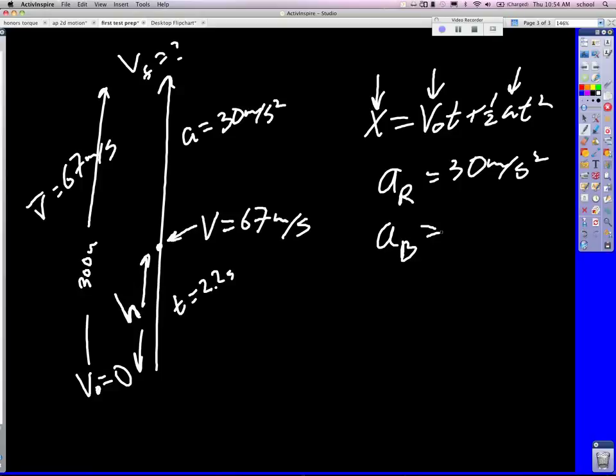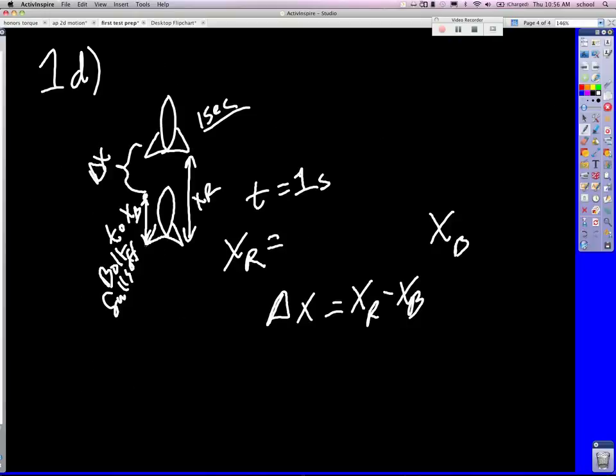Because we're concerned with from the moment the bolt falls off until a second later. So this initial is that, and this is time of 1 second, and we want to know x. Can we come up with that using those numbers? Yeah, absolutely. Everything's there. 67 times 1 second plus 1/2 times 30 times 1 second squared. So that's going to be 67 plus 15, which gives you 82 meters.